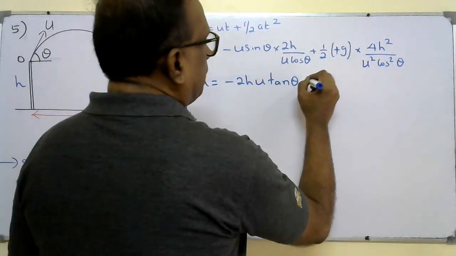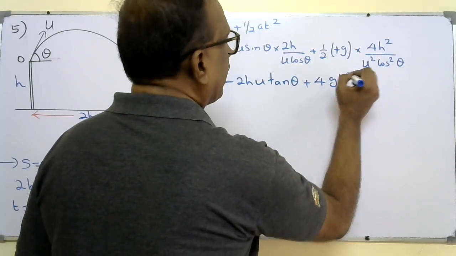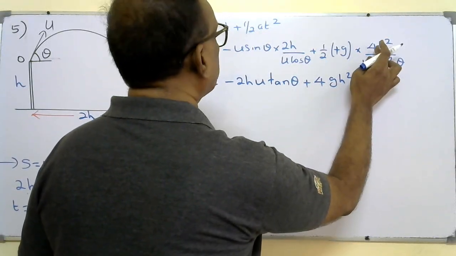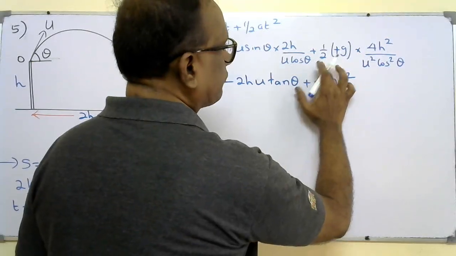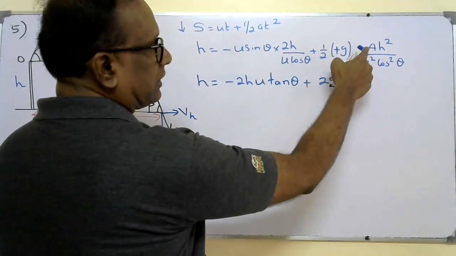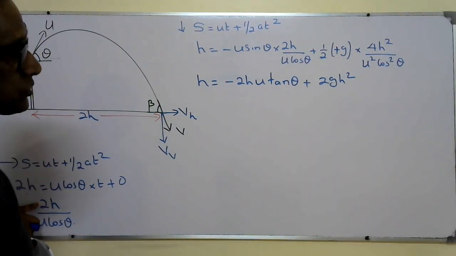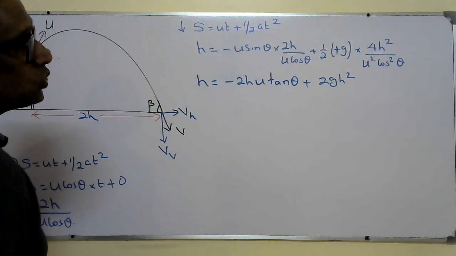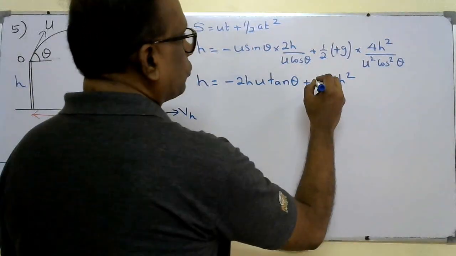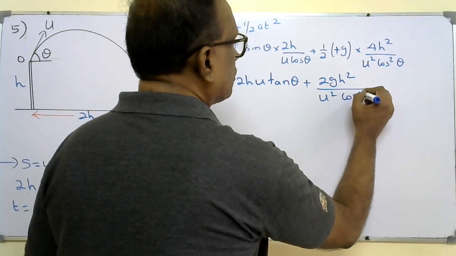Plus 4gh squared. Here the 4 is going to get cancelled with the half, I'll put that as 2gh squared, that 4 comes from t squared, over u squared cos squared theta.